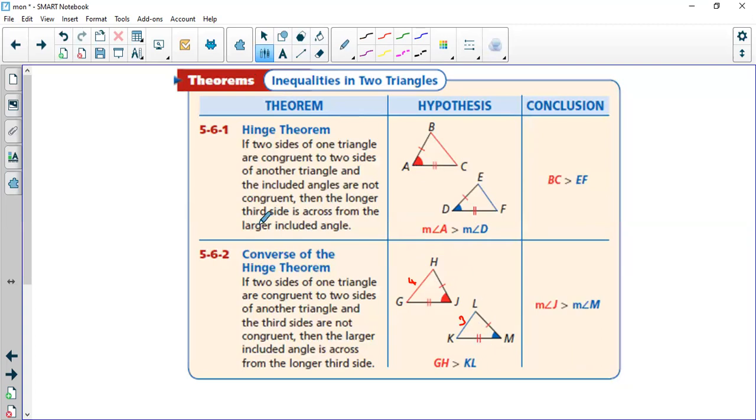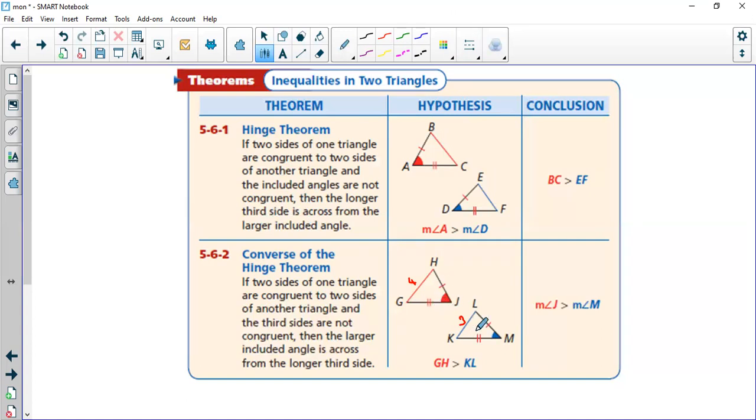So here, quickly, let's revise this again so that the lesson becomes easier. Hinge theorem says if two sides are equal to two sides of another triangle and the included angles are not congruent, then from the included angle, we can compare the third side of the triangle. Whichever included angle is greater, that triangle's third side becomes the greater one. But here, it's the other way around.